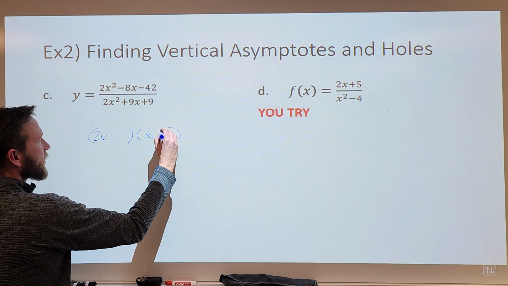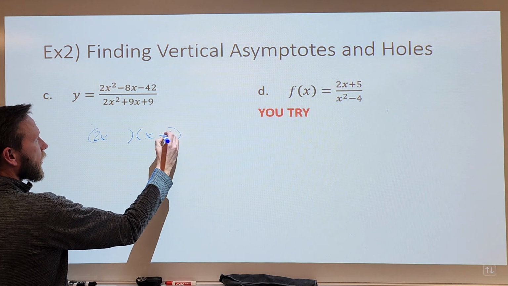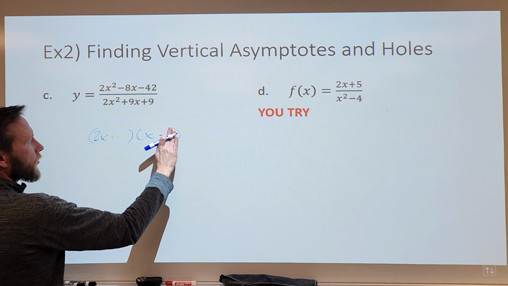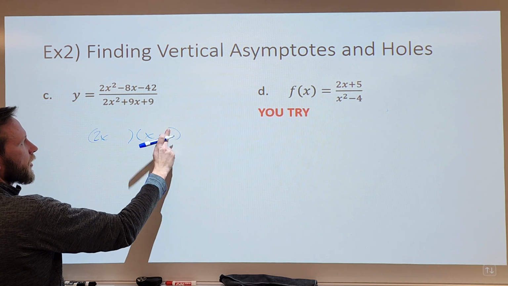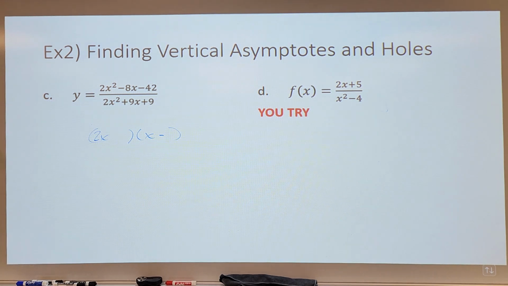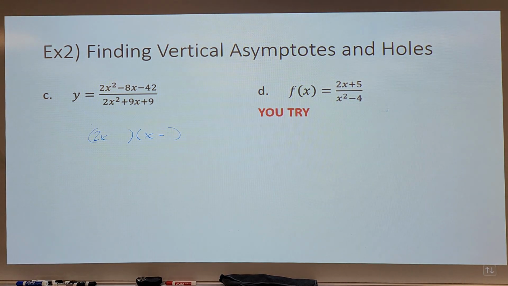So this is going to be negative 4 and 6. Nope, that's not right either. That's not giving us 42. I need to get 7, and we'll see. It's got to be 14 and 3 is going to get us to 42.